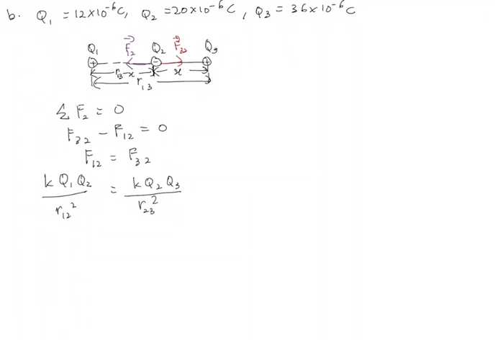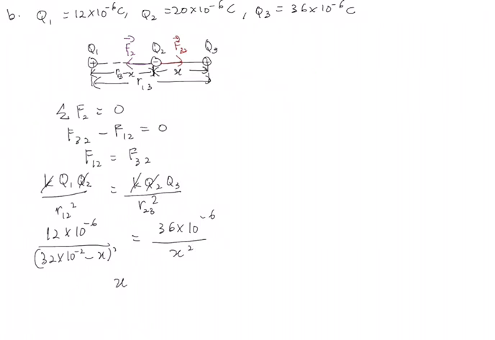Substitute the values, where you can cancel k and also Q2. So you have 12 times 10 to the power of negative 6 over R12, which is between Q1 and Q2, 32 times 10 to the power of negative 2 minus x, squared, equals Q3, 36 times 10 to the power of negative 6, over x squared. When you calculate it, you will get x is 0.203 meters.